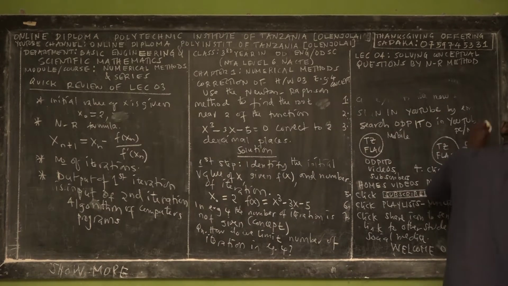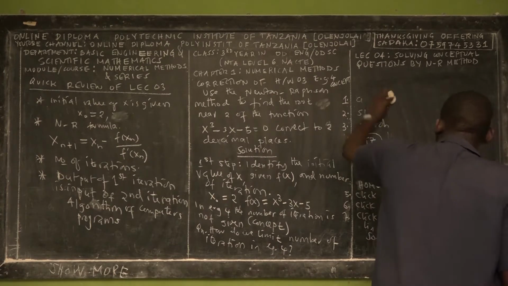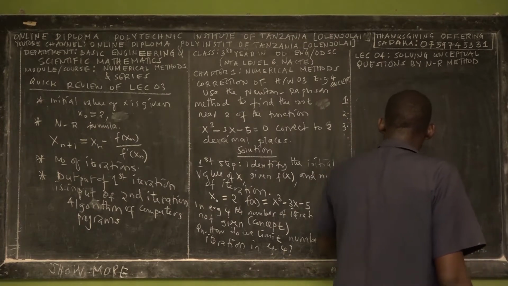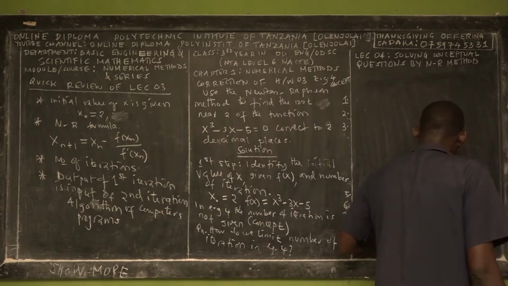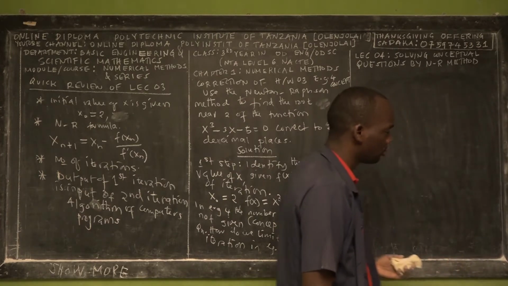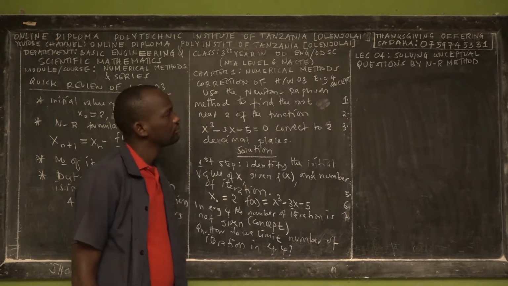So the response to that question: whenever you find any question asking you to approximate the root by using the Newton-Raphson method, being given the initial value and the function, but you are not told how many iterations you should do, then you have to understand this simple principle.